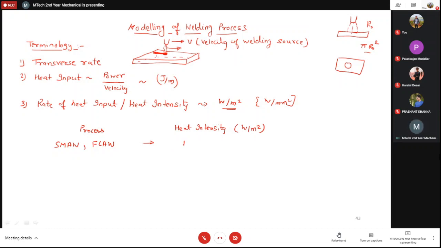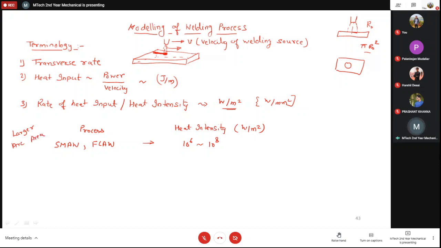Let's say in the range of 10 to the power 6 to 10 to the power 8. This is the typical range, because they have a larger arc area.